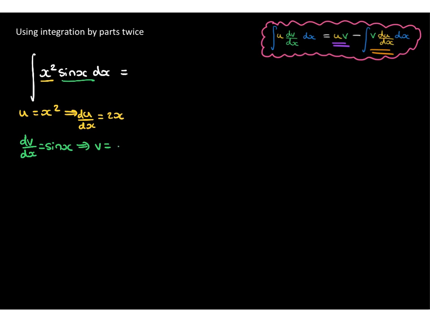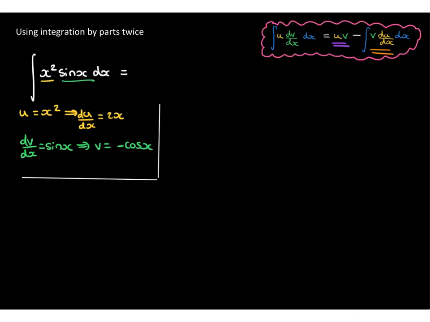Now this gives us v equals negative cos x, so immediately you need to be on your guard here because the fact that negative signs are involved will make all of this even more tricky at times, particularly because the integration by parts formula contains a negative.